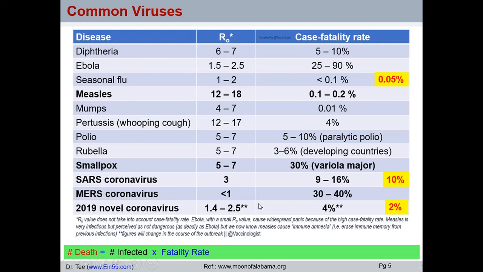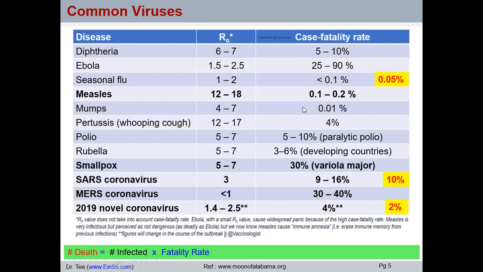In general, the higher it is, the more the spreading will be. For example, look at the case of measles. Measles is very contagious, but again, it's very mild. So it all depends on different types of viruses.